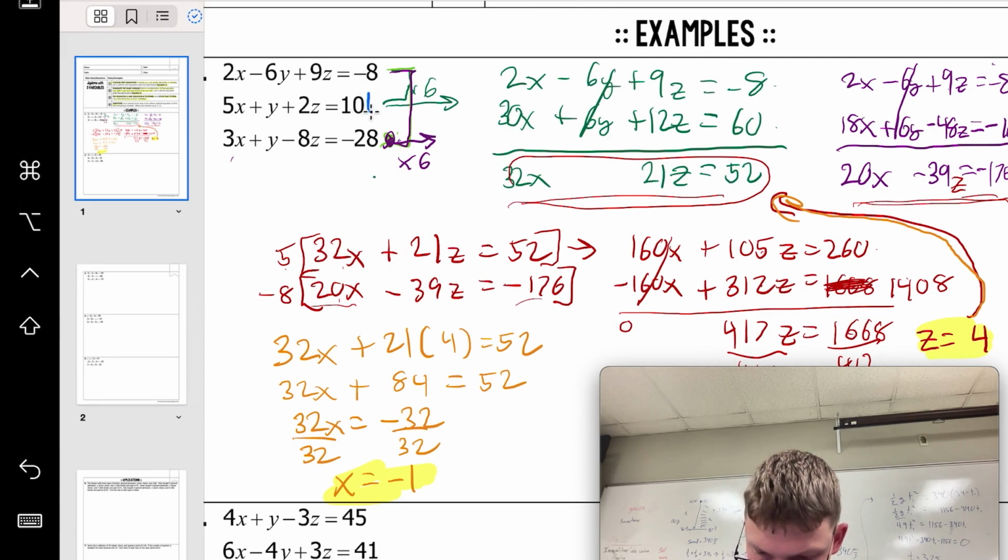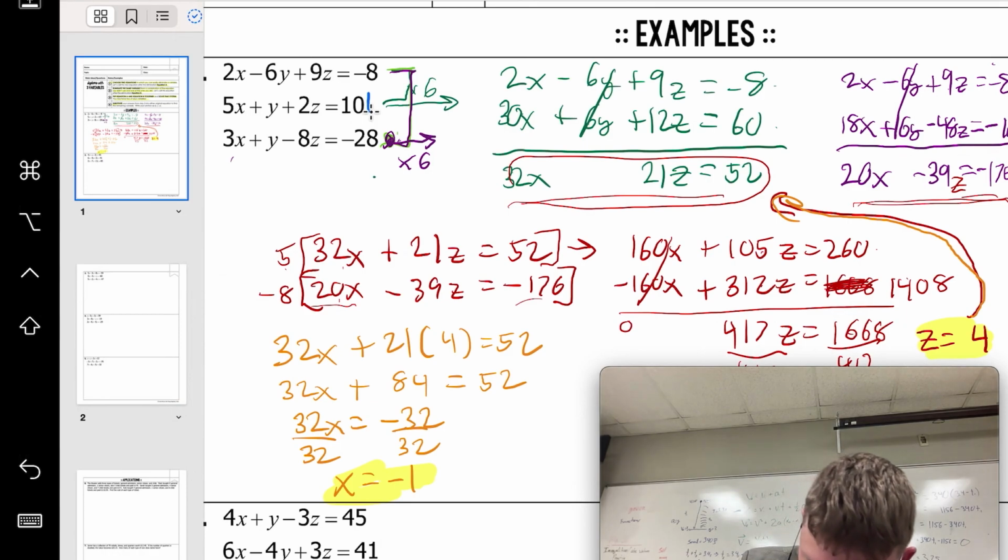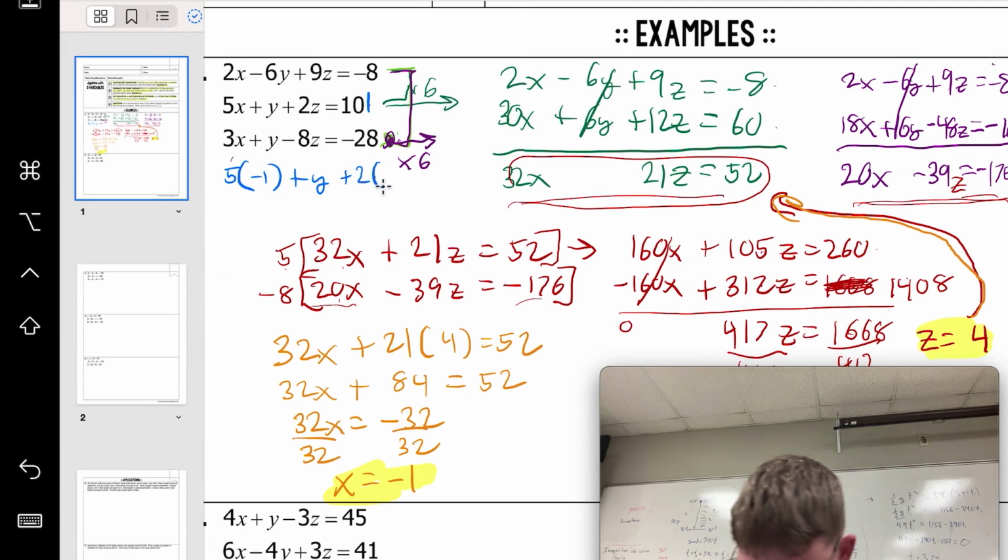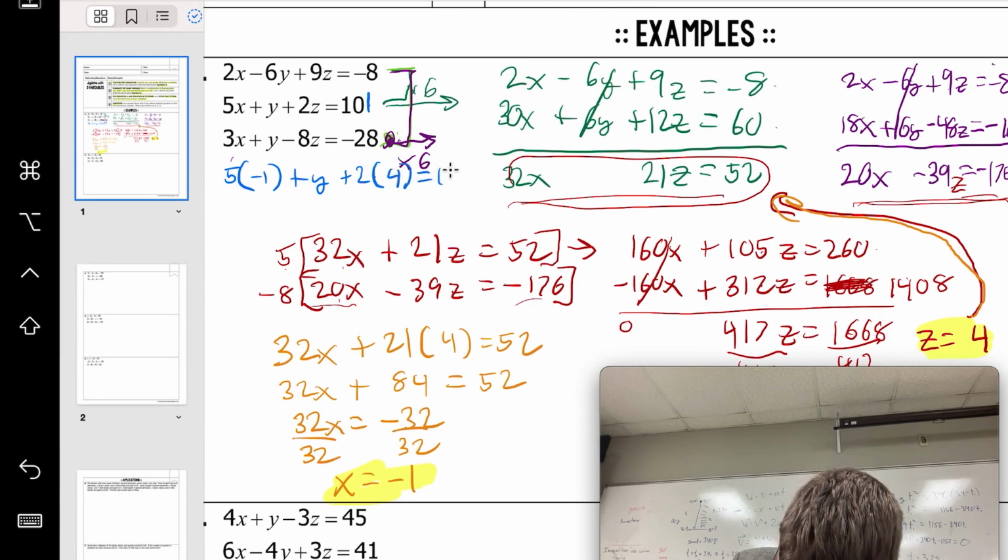So I guess we'll do it in this little space right here. So we've got our 5 times negative 1 plus y plus 2 times 4 equals 10.